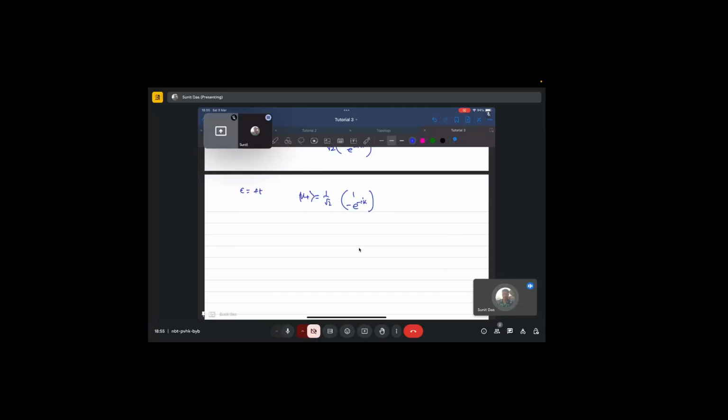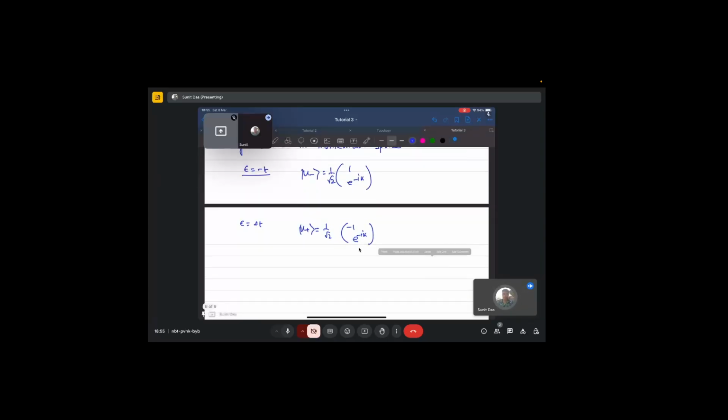So you see the similarity. I can put minus 1 here just to distinguish it more. It is almost the same thing, it is just that you picked up an e to the power ik and minus ik.